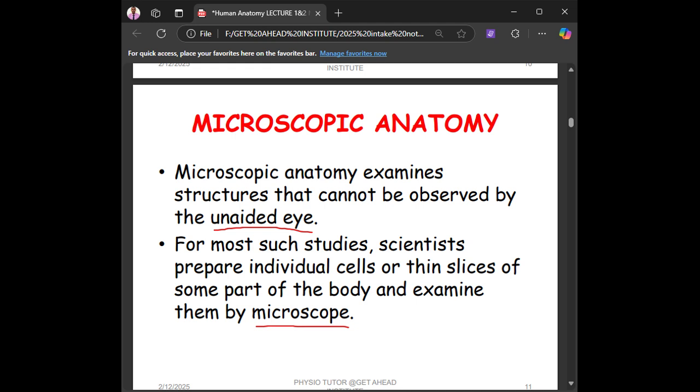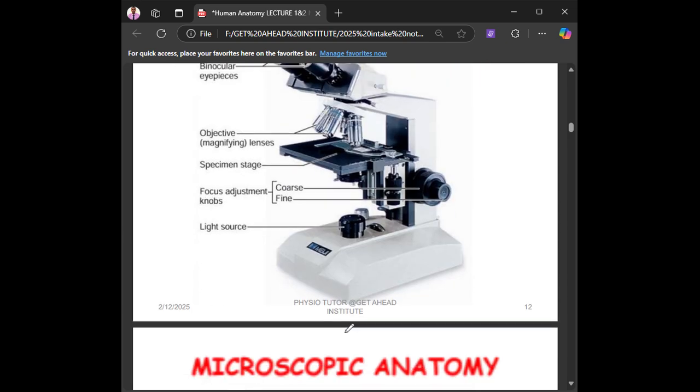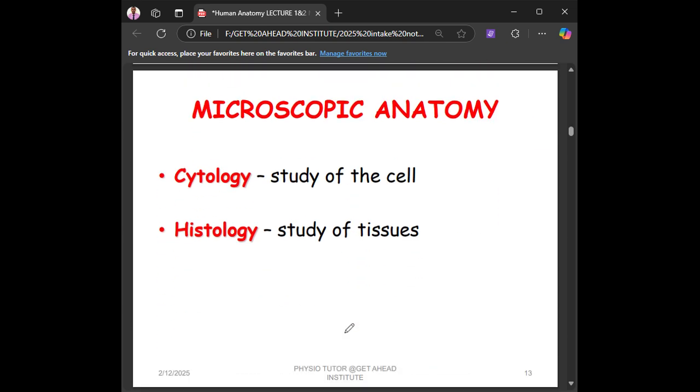Now microscopic anatomy mainly involves two components. We have cytology and we have histology. So when it comes to cytology, it is made up of two words which are coined together.